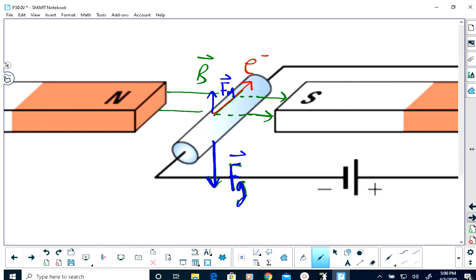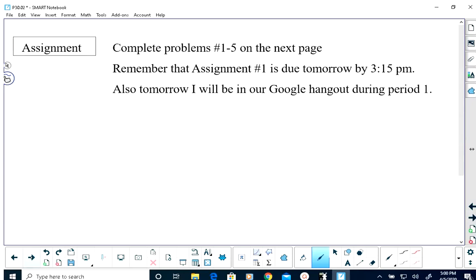If the force of gravity is smaller than the magnetic force, then I would subtract the other way. Who knows? Maybe the two forces are exactly equal, in which case that conductor is going to be suspended because the forces are balanced.